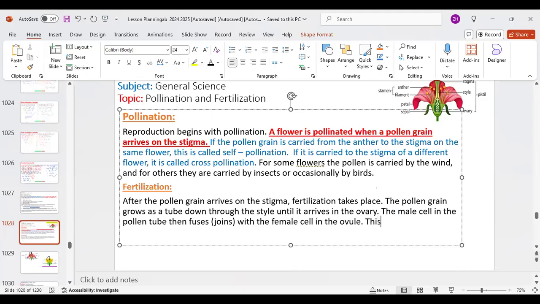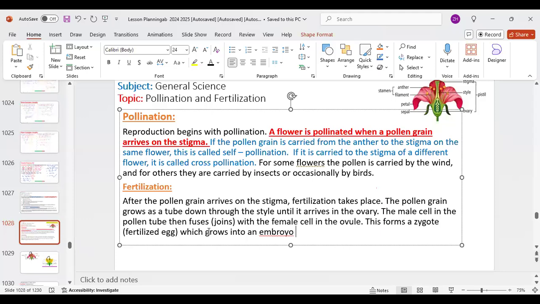This forms a zygote. And a zygote is just basically a fertilized egg, which grows into an embryo.